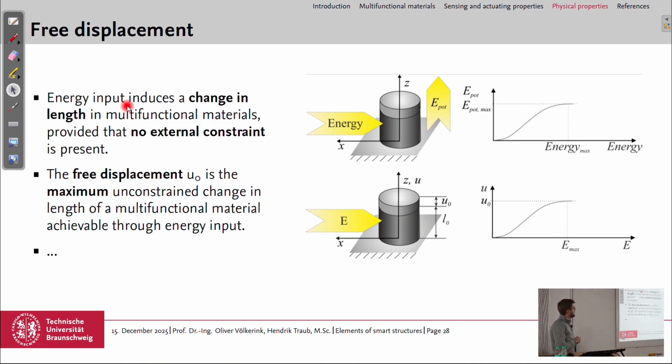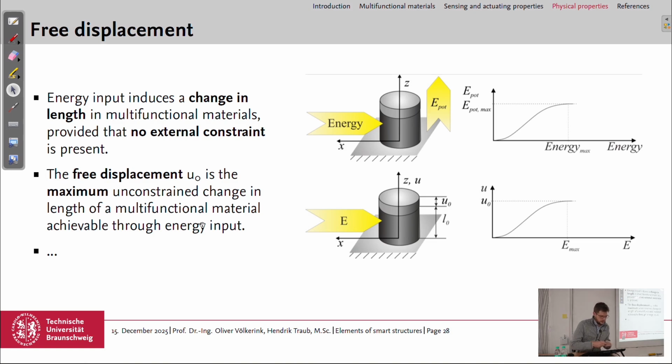So an energy input induces a change in length of the multifunctional material, for example, the piezo ceramic material. And we assume that we have no external constraint, so it can freely move, the material or the piezoceramic, and the free displacement U0 is then the maximum unconstrained change in length of a multifunctional material achievable through energy input.